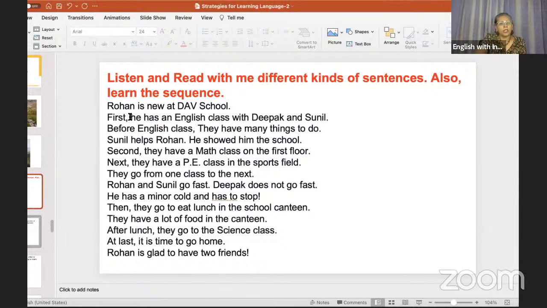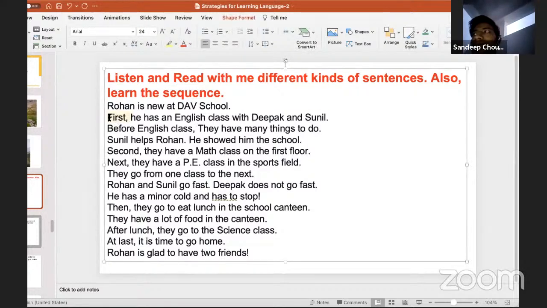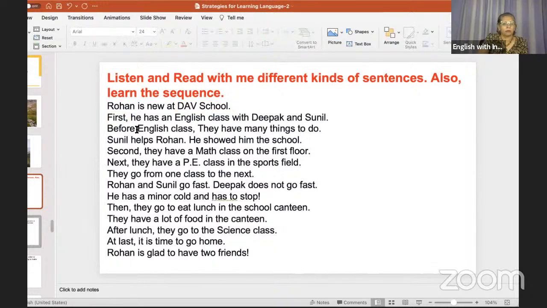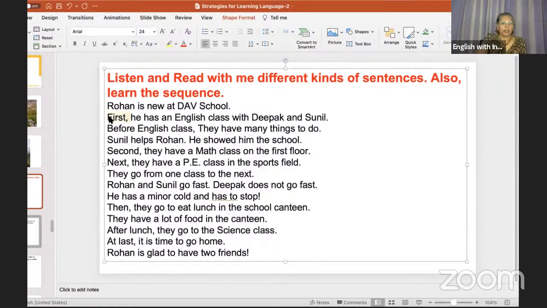Now, if you see the keywords here, which one is the word that is showing a sequence? Sandeep, can you tell me? Any words showing sequence? Yes, ma'am. The first, second. Okay, first, yes, sequence. Second, okay.